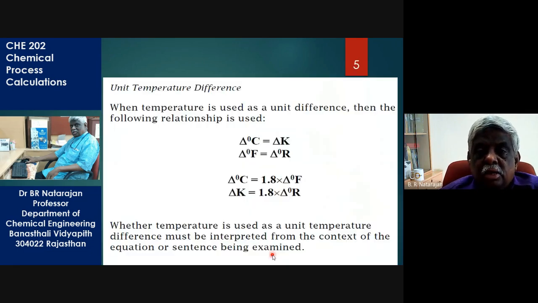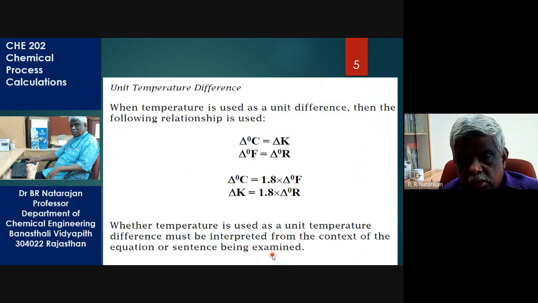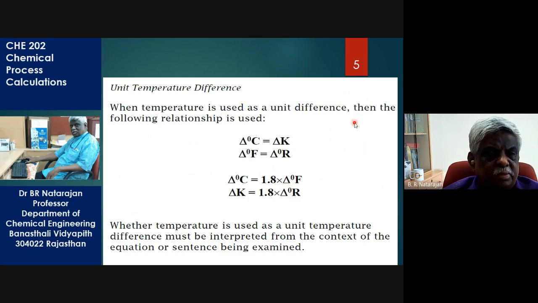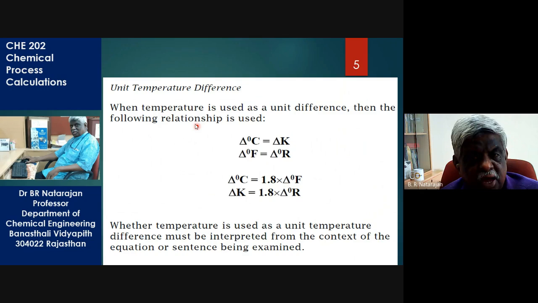Then you have unit temperature difference versus just temperature. When temperature is used as a unit difference, it means the temperature changes by a delta value, per degree of change. The difference in centigrade and Kelvin will be the same because 273 is the common factor.